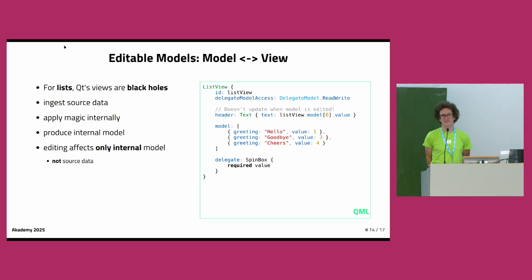And so that's kind of unsatisfactory. Those views are in fact black holes for anything that's not an abstract item model, or a list of QObject, which is also fine because QObjects have their own identities. But anything that's kind of value stuck in there is swallowed whole.